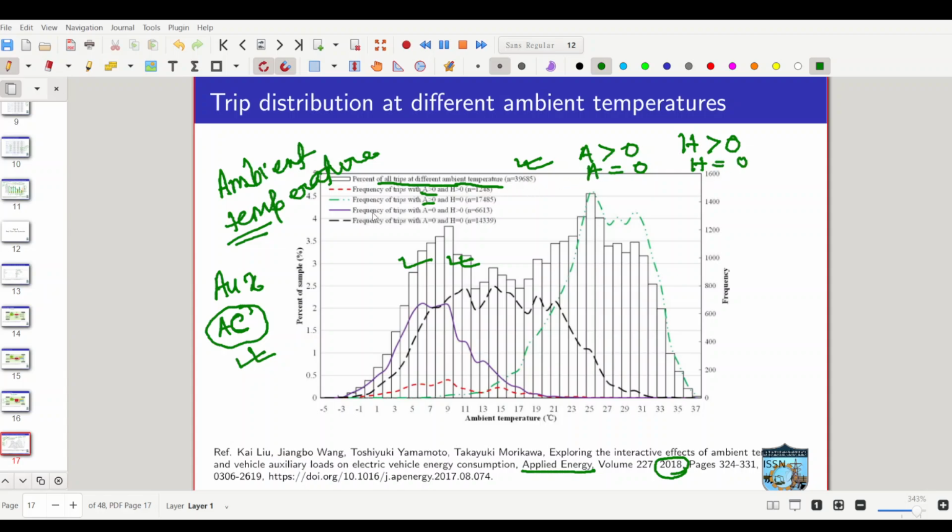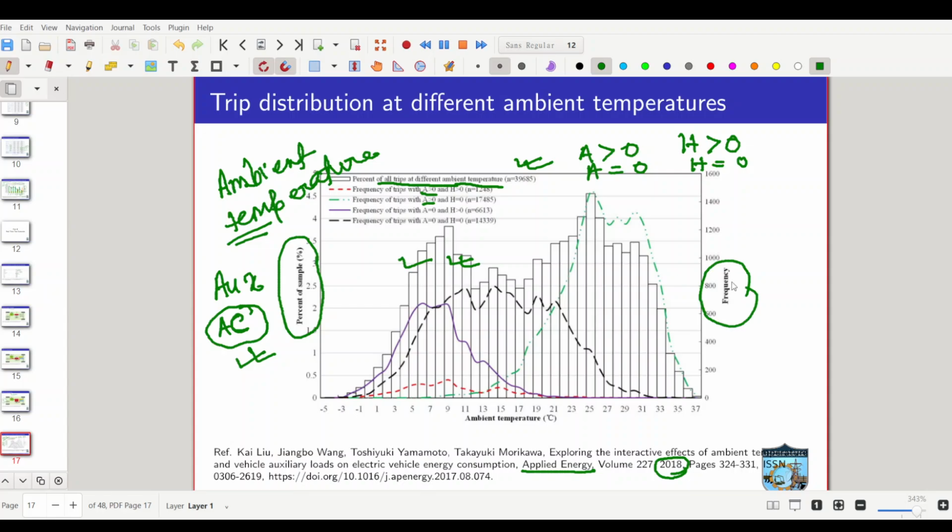Okay. So we see here with AC greater than 0, the red one, as the ambient temperature increases, the samples that they have used, okay, so this data they have generally obtained from GPS, and this is the distribution of the trips at different ambient temperatures and number of such data.